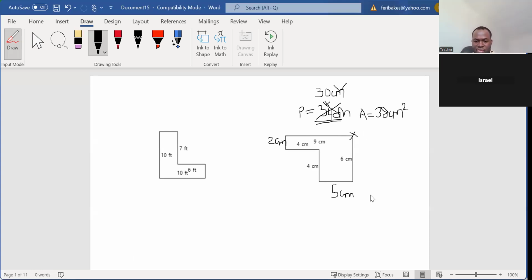How did you get your area? What did you do to get your area? So first I cut off the space between the lines, the 4 centimeter line.